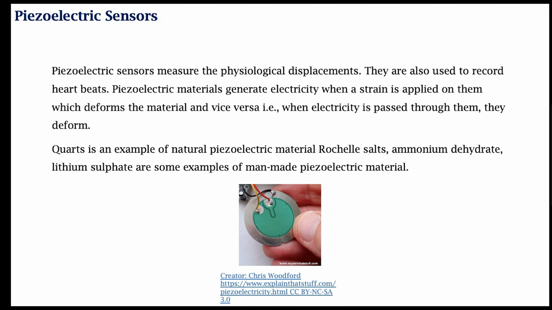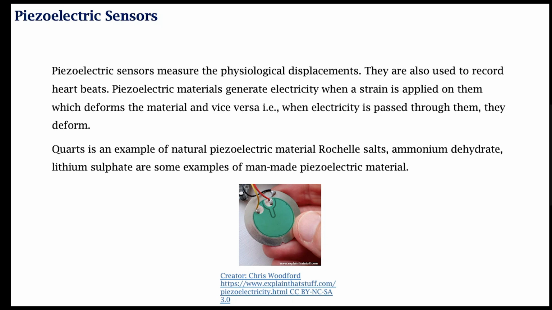It turns out that the key property of these materials is that the total generated charge is proportional to the applied stress or force. So these sensors can then be used to measure displacements. They are also used to measure force. They are used to measure pressure. They are used to measure vibrations.